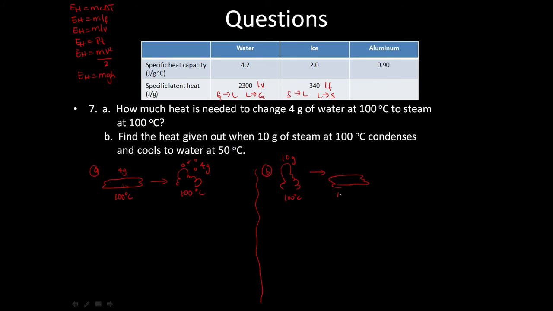So we're going to go to 100 degrees Celsius of water, and then we're going to move right on into the cooling stage, where it is changing temperature now to 50 degrees Celsius. So we have our drawings complete for A and B.